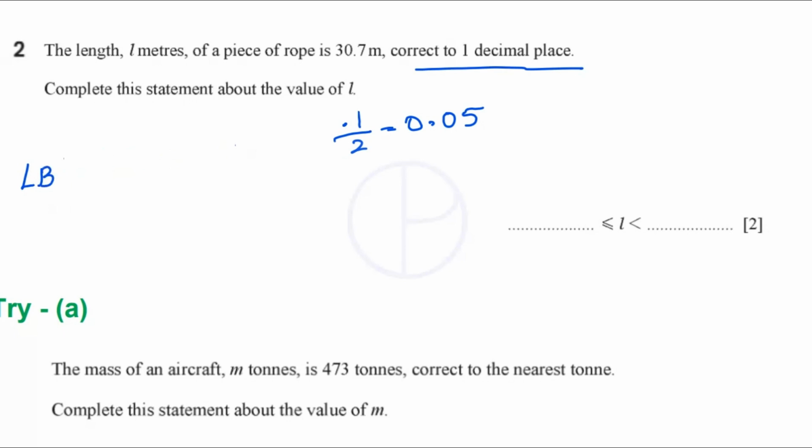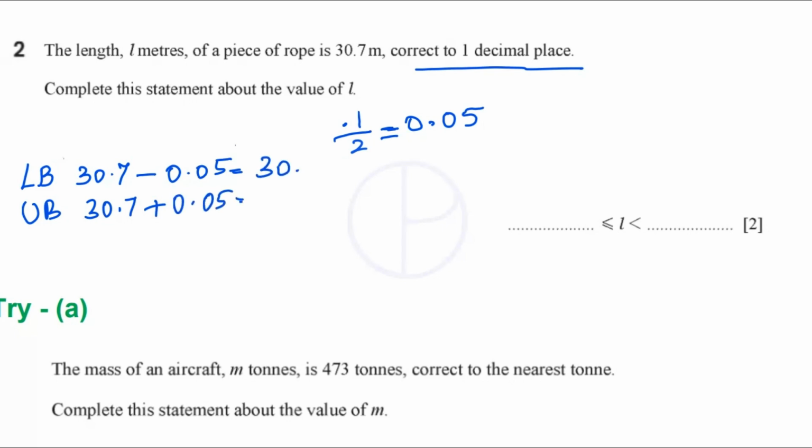So lower bound is 30.7 minus 0.05 and upper bound is 30.7 plus 0.05. This is 30.65 and this is 30.75. Lower bound is 30.65 and upper bound is 30.75.